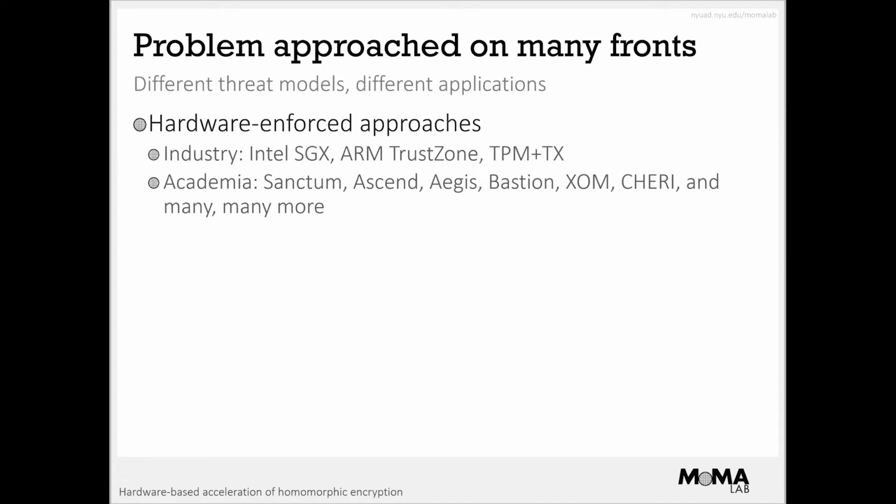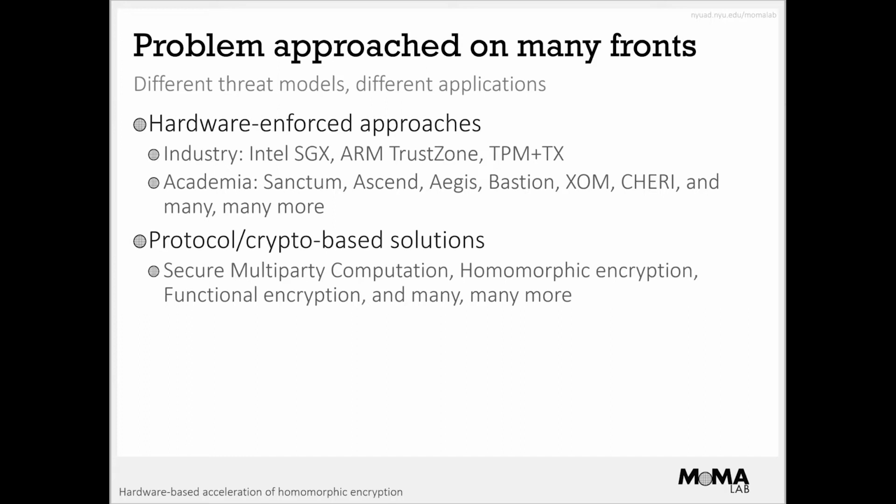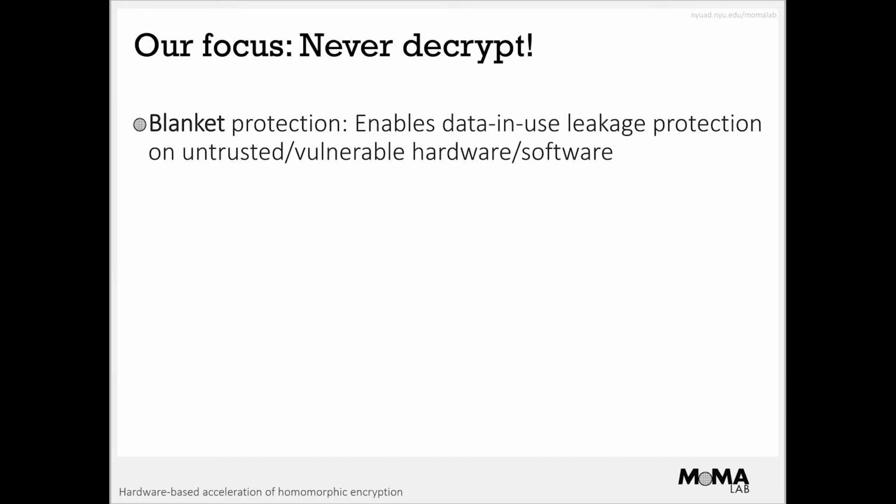But with these, you have to change your current hardware or add to it in order to create some hardware enforcement. The other solutions are more on the crypto side, either purely cryptography or protocol-based, like secure multi-party computation. Homomorphic encryption is the one I'll focus on in this talk, functional encryption, and more. So you can classify them in two with pros and cons, either hardware side or crypto side.